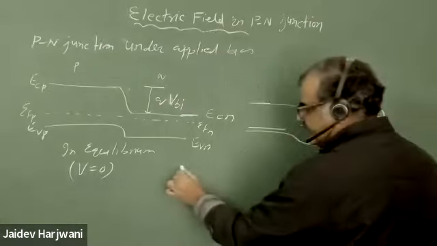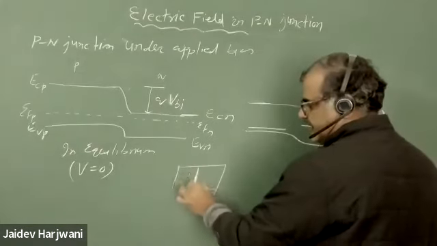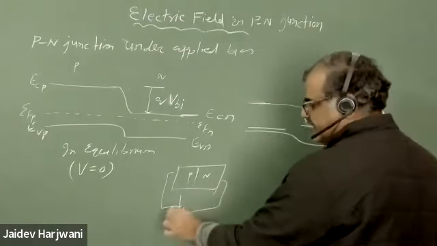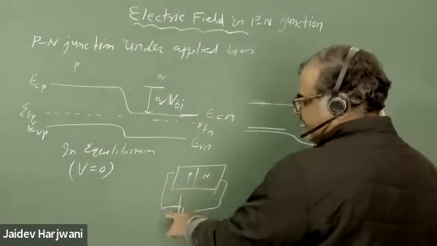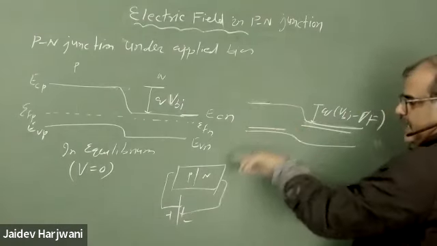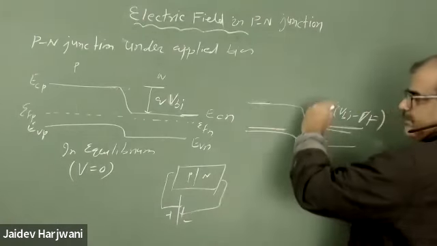So when you connect P with positive and N with negative, when you're connecting P, that means the hole's energy will increase. Minus means the electron energy will increase. So the hole's energy will increase when it goes down, and the electron energy will increase when it goes up.